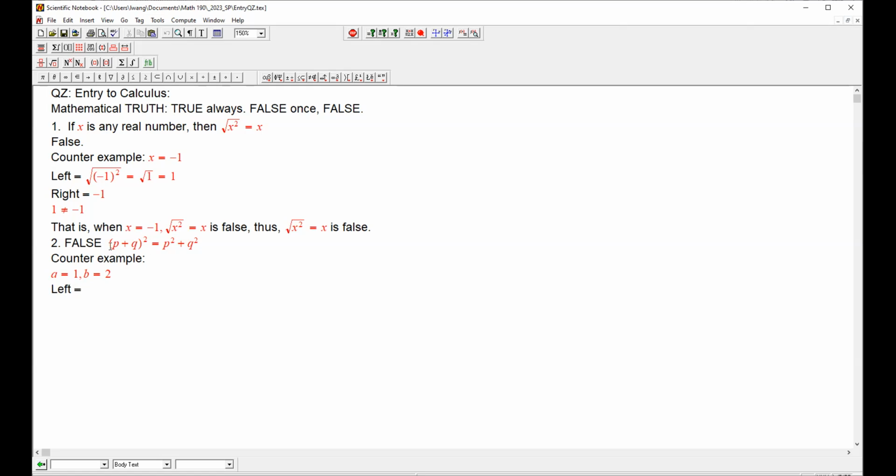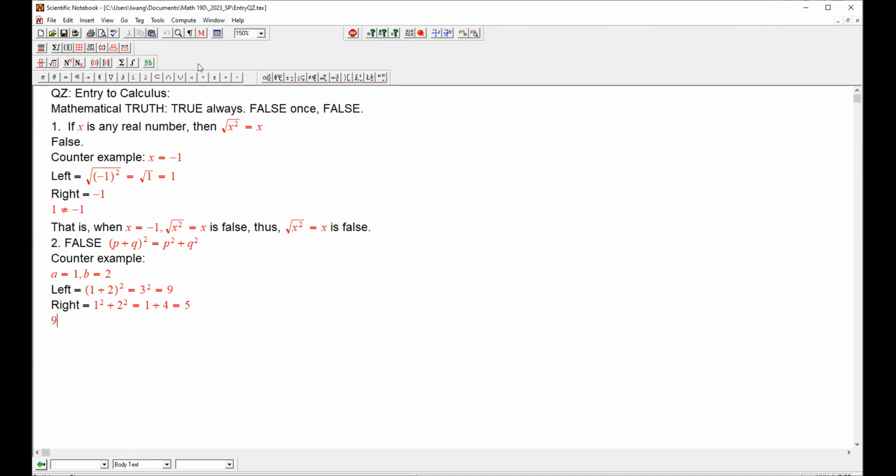The left-hand side is 1 plus 2 squared, so 1 plus 2 equals 3 squared, and 3 squared is 9. And the right-hand side is P squared plus Q squared, so that's 1 squared plus 2 squared, which is 1 plus 4 equals 5. 9 is not equal to 5, right?